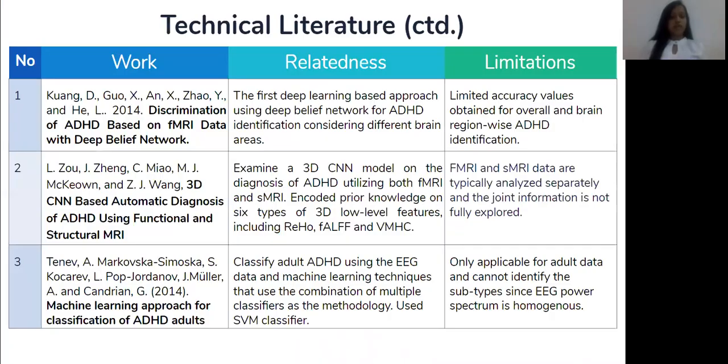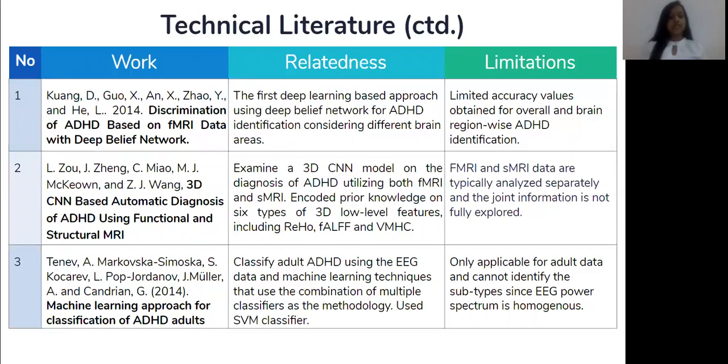There's a related study on discrimination of ADHD based on fMRI data with deep belief network. In there, they have introduced a deep learning based approach using deep belief network, and there the limitation is it has limited accuracy values obtained for overall and brain region wise ADHD identification.